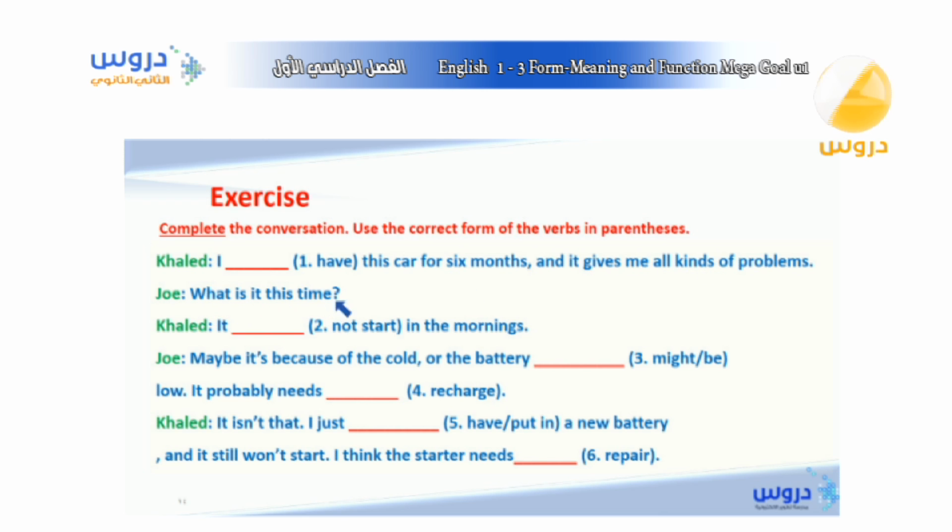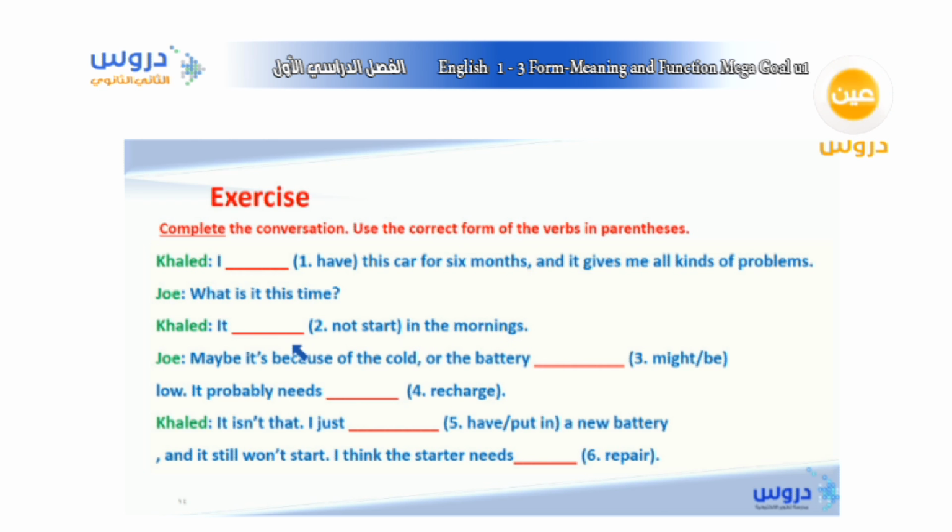I have this car for 6 months and it gives me all kinds of problems. What is the time? Okay, what? I have had this car for 6 months and it gives me all kinds of problems.